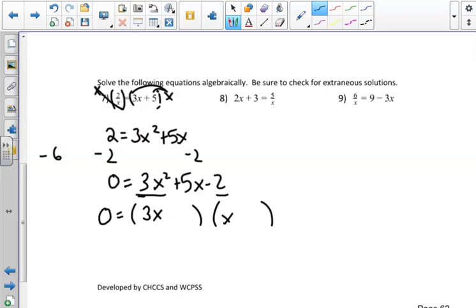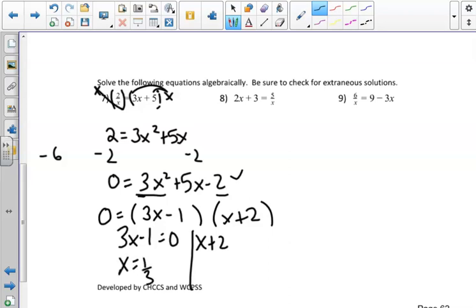So when we think about our values, we could get -1 and +2. If we redistribute that, we would be left with our original function, 3x squared plus 5x minus 2. When we set each of our factors equal to 0 and we solve, our solutions would be 1/3 and -2.